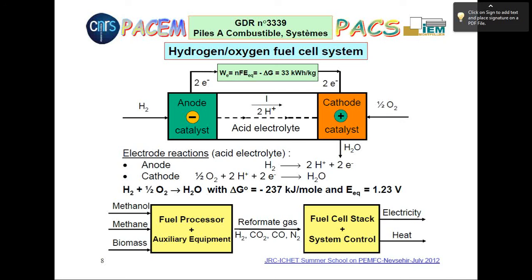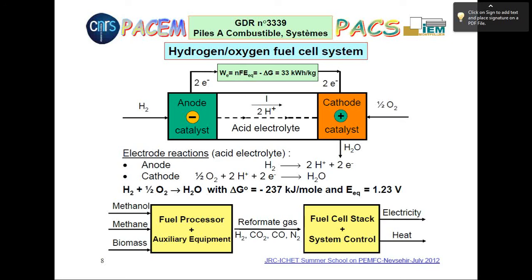It means that hydrogen spontaneously is oxidized into proton and electron. The protons cannot go outside, and the electron cannot go inside this acid electrolyte. So they are obliged to be separated. Electrons go out in the external circuit to the load, and protons go inside the elementary cell through the electrolyte to the cathode.